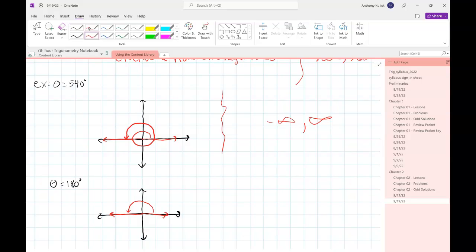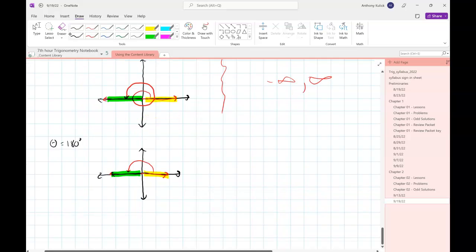Is there anything that's the same about them? If I look at them, the initial side is in the same spot, and the terminal side is in the same spot. Everybody agree with that? If I just look at the arms of the angle, these are indistinguishable from one another.